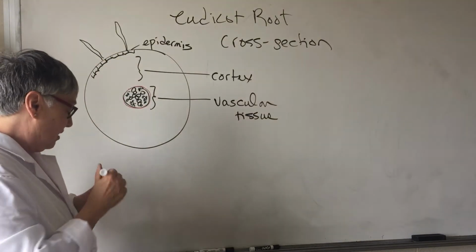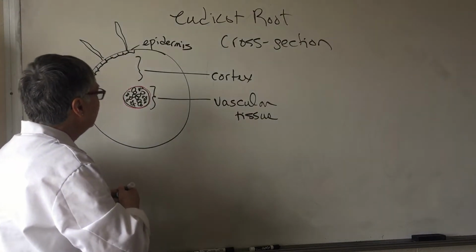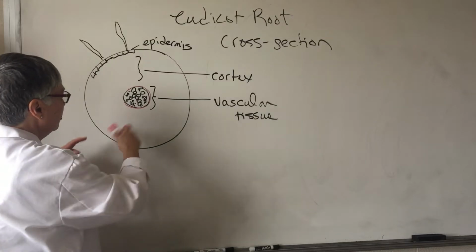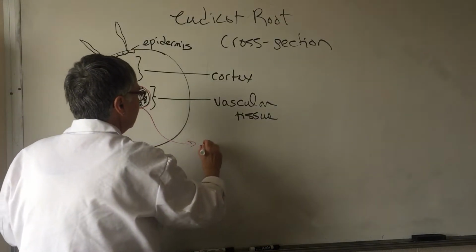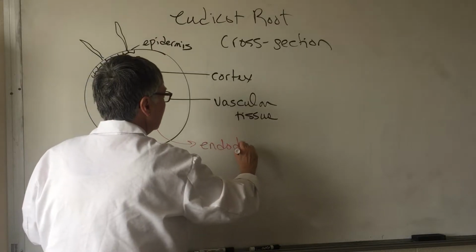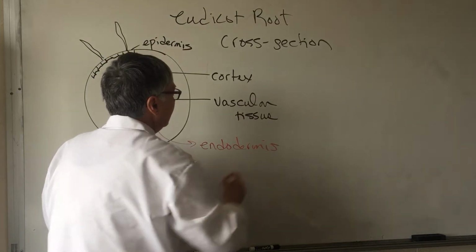And surrounding the vascular tissue, shown here in red, is a special layer of cells.